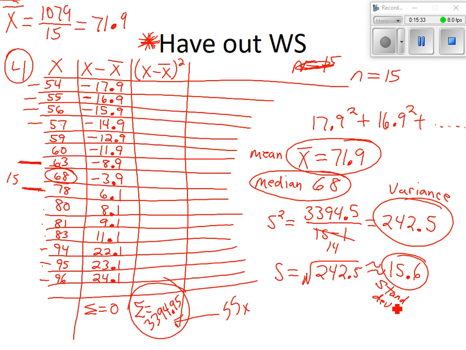Now, whether this fits the empirical rule or not, I don't know. We can find out by picking these two together. That should be about 68%. We're between 56.3 and 87.5.